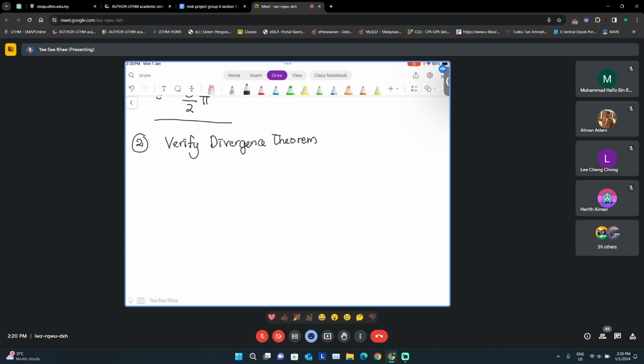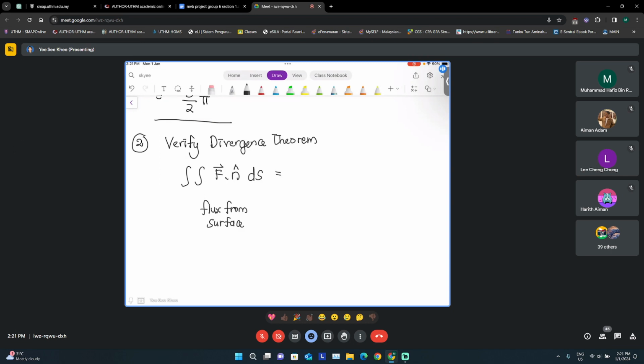They are different. So this is the surface integral of a vector field: flux coming out from the surface.